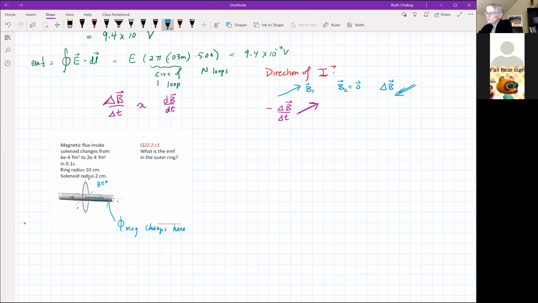So to get the total flux through the ring, we would need to consider the area of the ring that's outside the solenoid. But since the magnetic field is nearly zero here, in fact it's only the flux inside the solenoid that is going to matter.